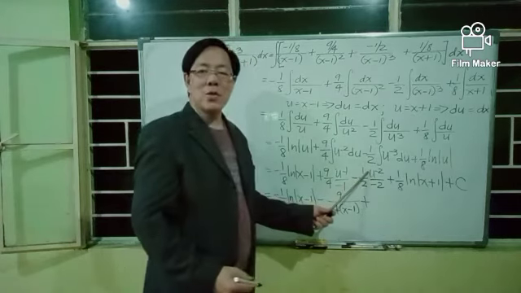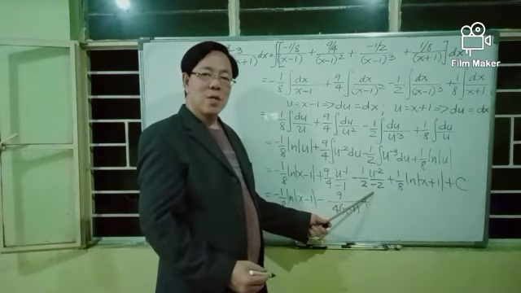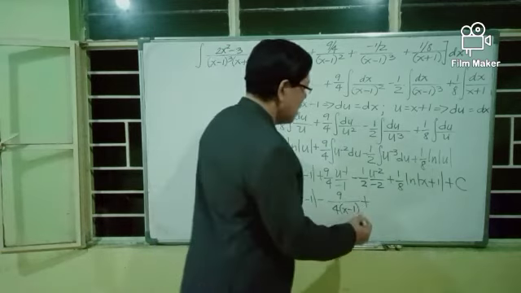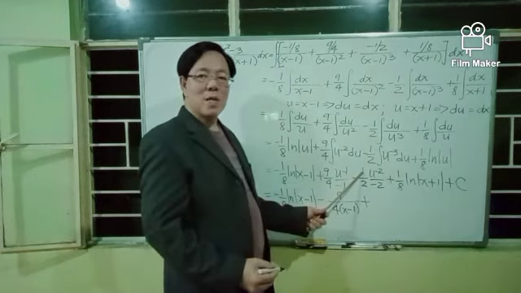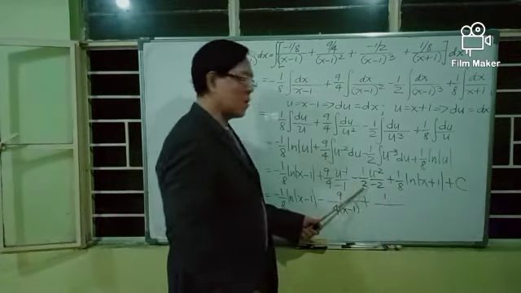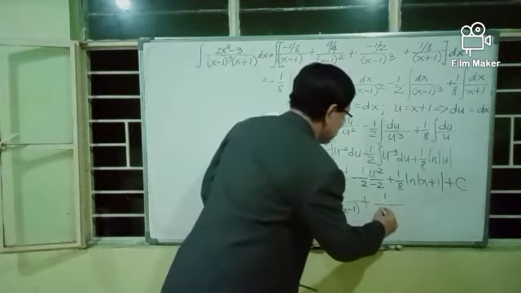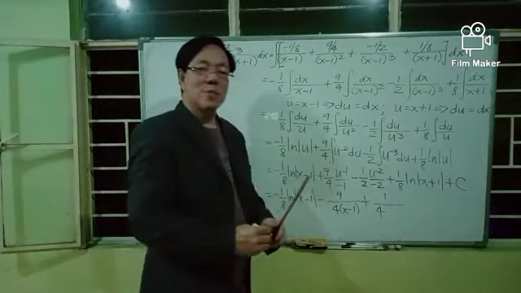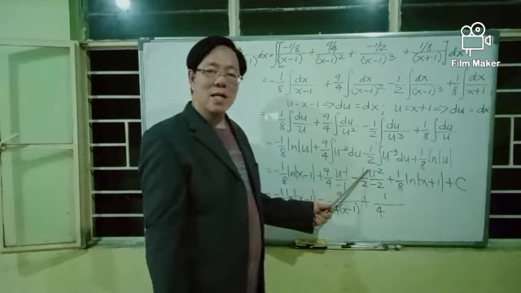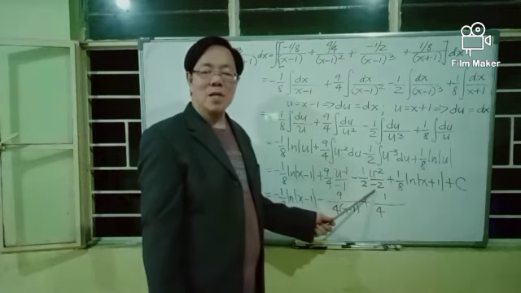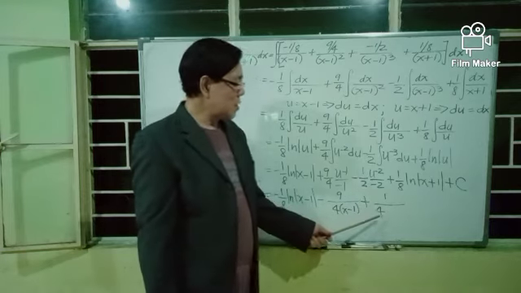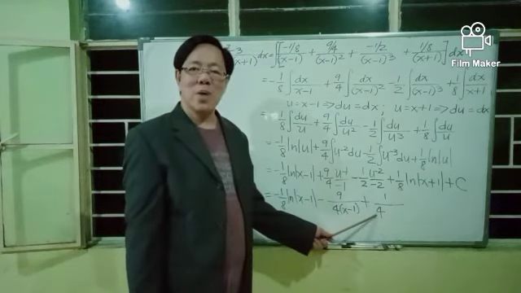And we bring u to the negative 2 in the denominator. In the denominator, we already have 2 times 2 is 4, and so the numerator will only be 1. 1 over 2 times 2 is 4, and 4 is multiplied by u squared. If you bring u to the negative 2 in the denominator, it becomes u to the positive 2. And so in the denominator, we have 4 times u squared.